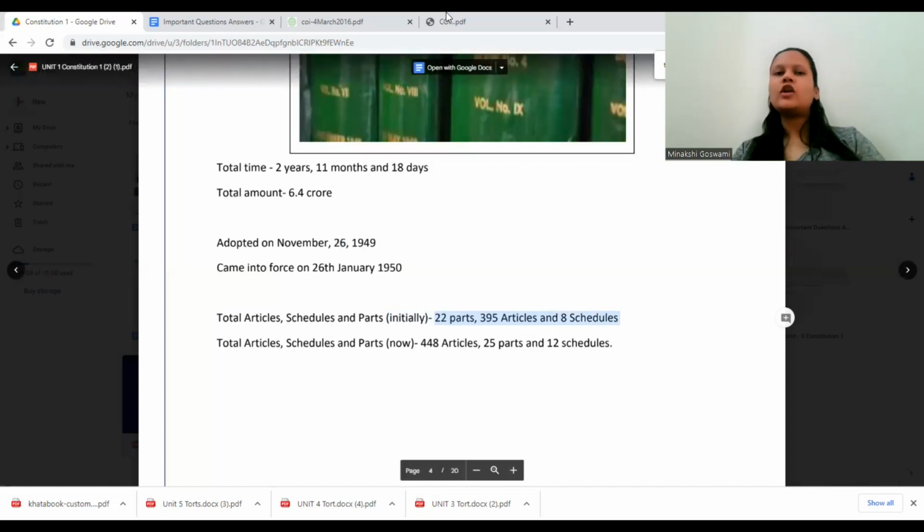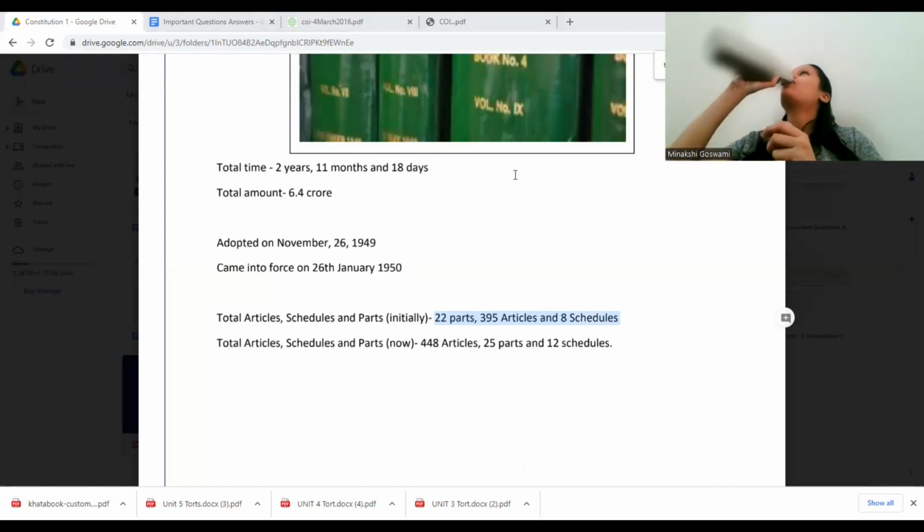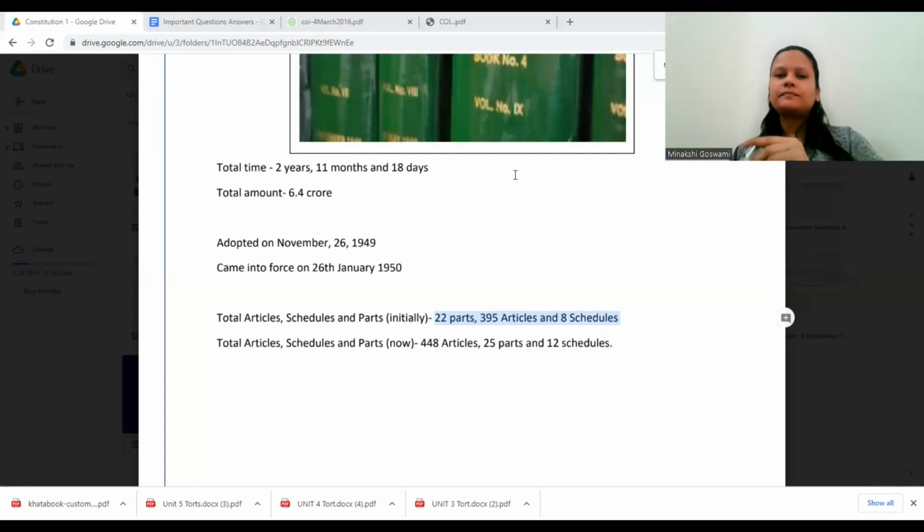But there were a lot of amendments, right? So what are amendments to Constitution? Changes made according to time by the Parliament. Yes, Parliament. Only Parliament is having power to make changes in Constitution.